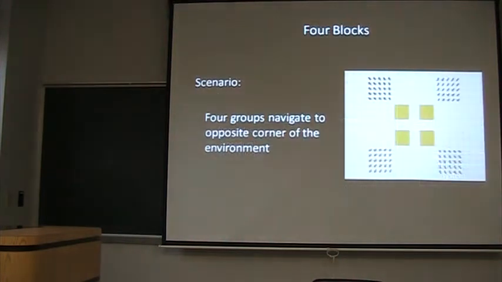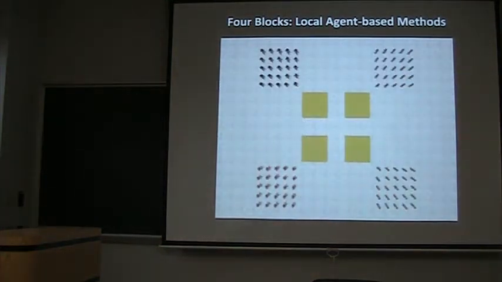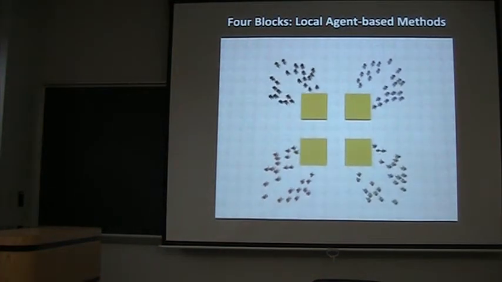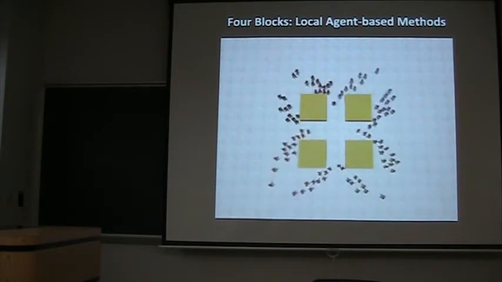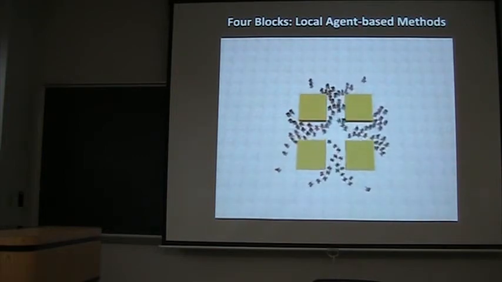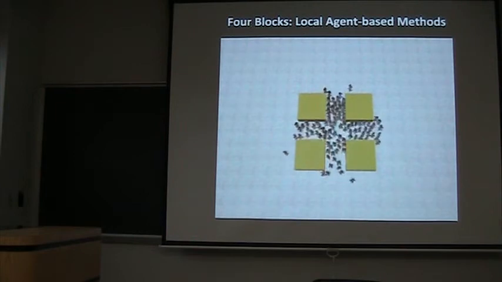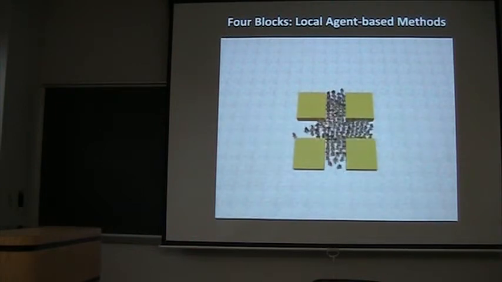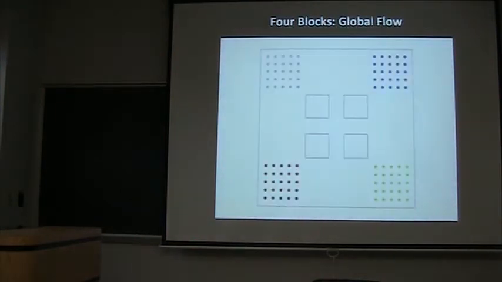This scenario is comprised of 4 groups of 25 agents in each corner of the environment, whose goals lie in the opposite corner. In the middle, there are 4 square obstacles that form narrow passageways. Traditional agent-based models, which plan for each agent independently, lead to congestion in the center of the environment.